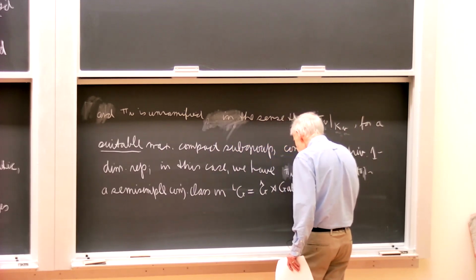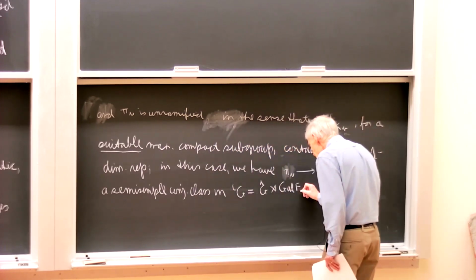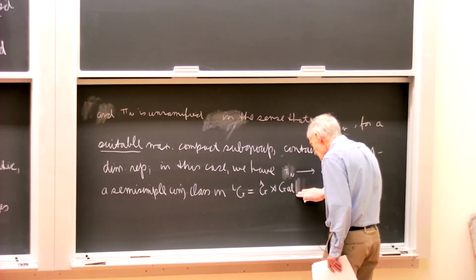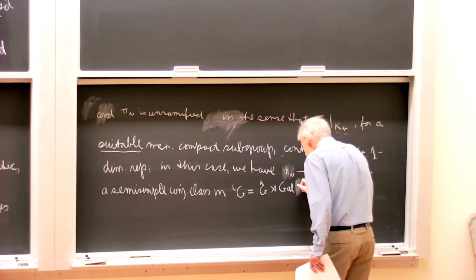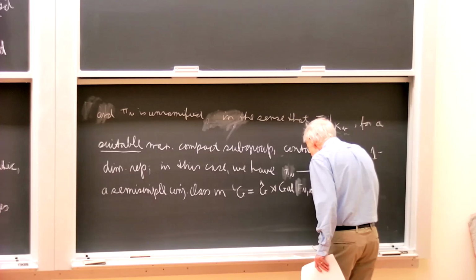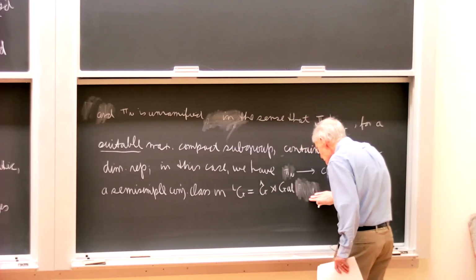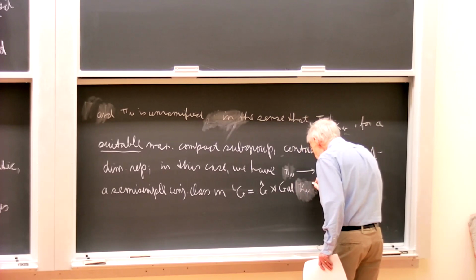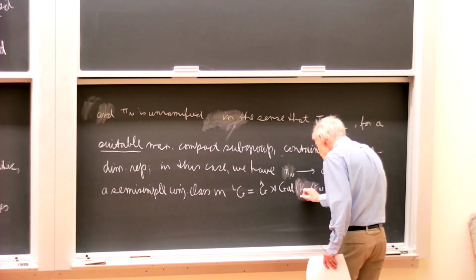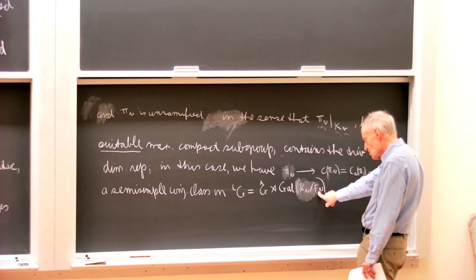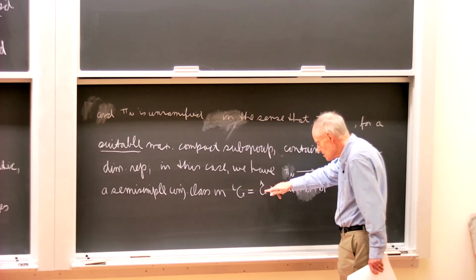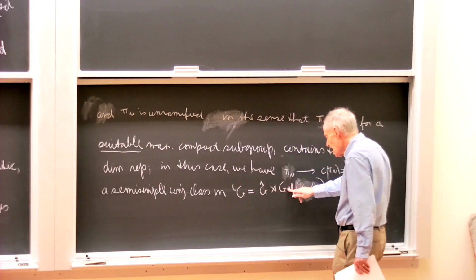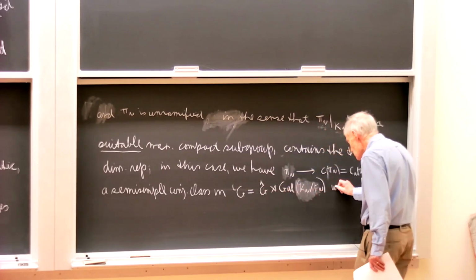And in this case, it would be the Galois group of KV over FV, where this is an unramified extension. And the semi-simple conjugacy class is the product of a semi-simple conjugacy class in G hat and its image in here.